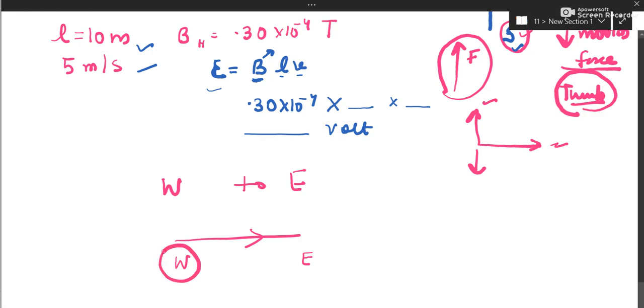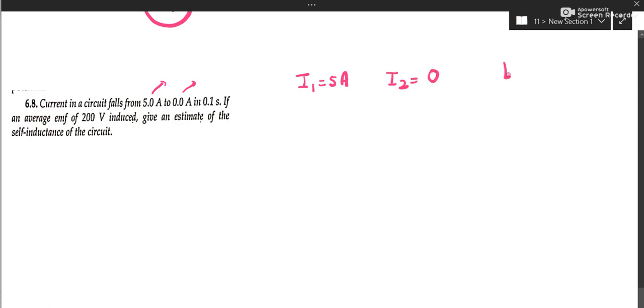Getting to the next question now. Let us see the next question. Current in the circuit falls from 5 ampere to 0 ampere. So initial current is 5 ampere, final current is 0, and the time that it takes to fall is 0.1 second as mentioned here.